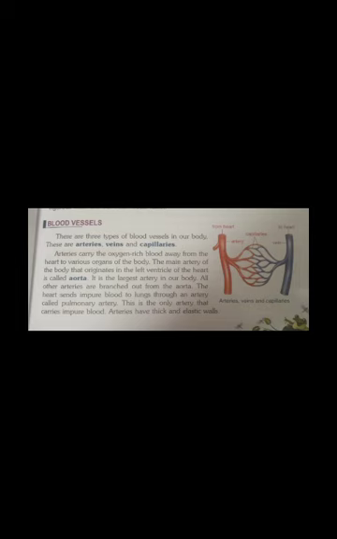Except this, all the arteries are carrying oxygen rich blood, right? Now arteries have thick and elastic walls. Elastic, you must have seen rubber bands, right? So those are elastic, and arteries are like them, they are stretchable.